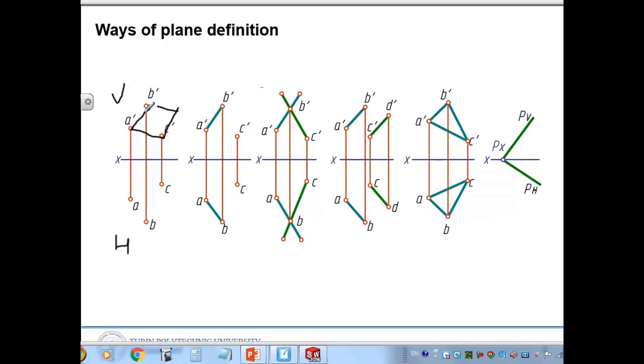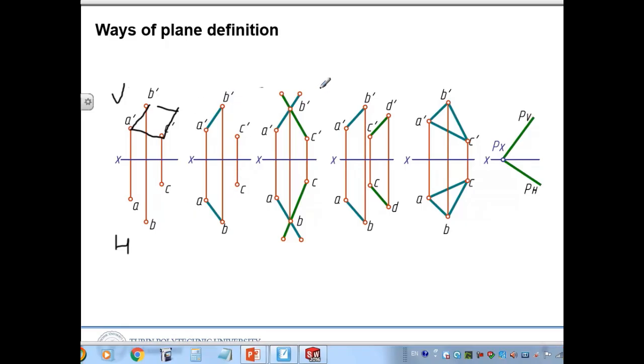By using the A and B points, a line is generated, and one point is given. So by using one line and one point, we can also create a plane.